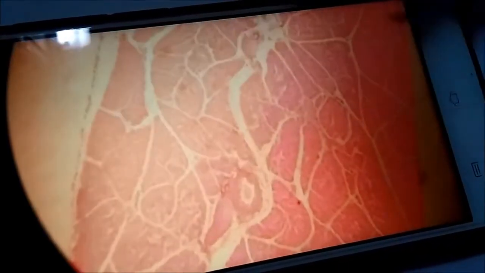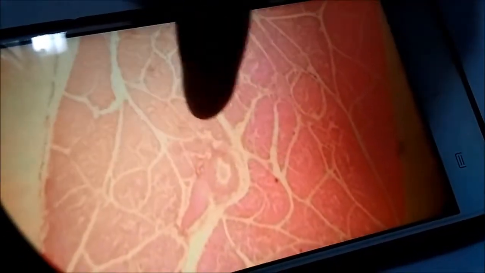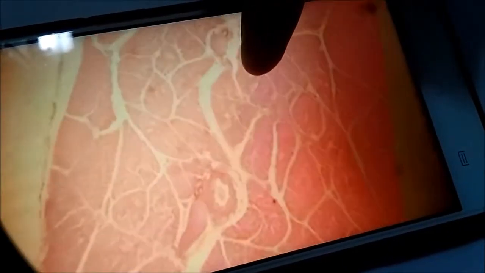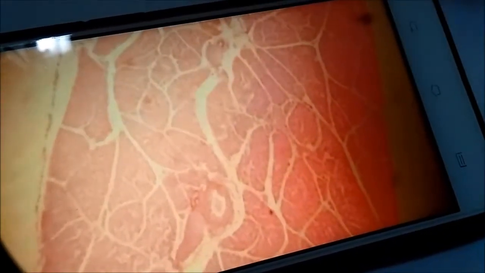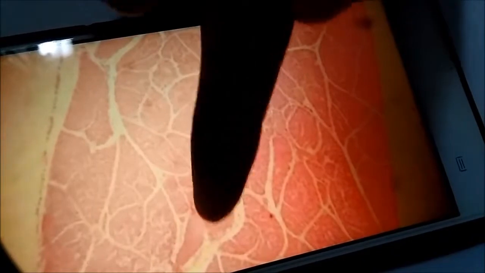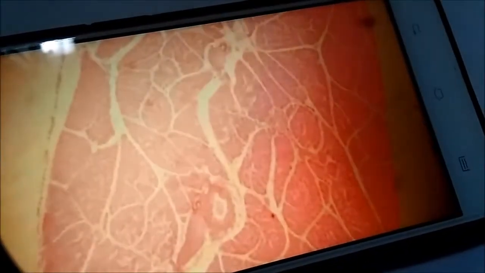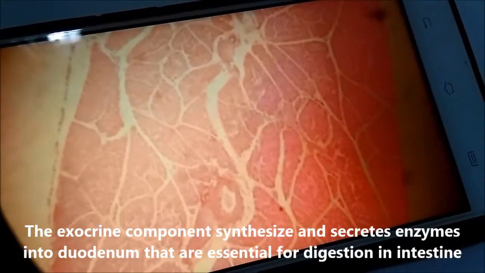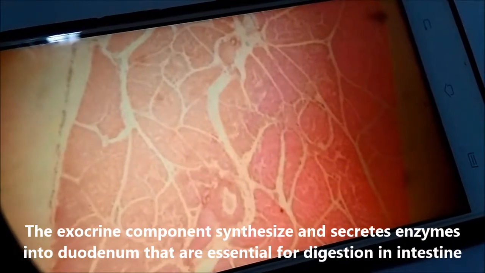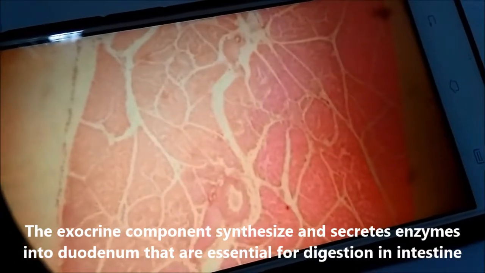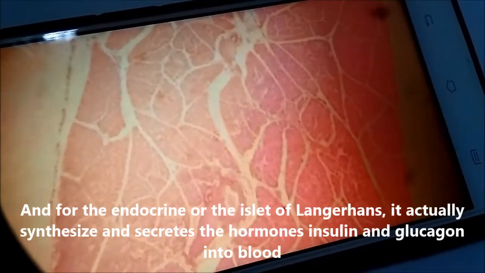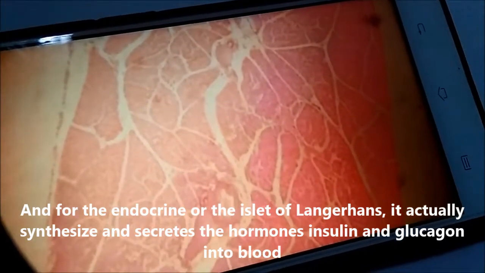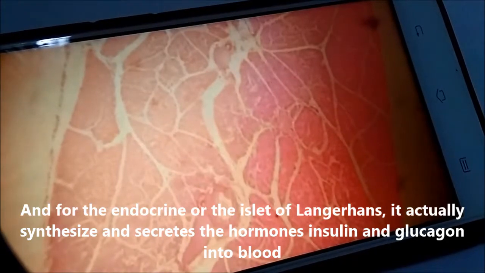The exocrine is this one, the round shape here, and the islets of Langerhans are other than the round shape here. The exocrine component synthesizes and secretes enzymes into the duodenum that are essential for digestion in the intestine. The endocrine, or islets of Langerhans, synthesizes and secretes the hormones insulin and glucagon into the blood.